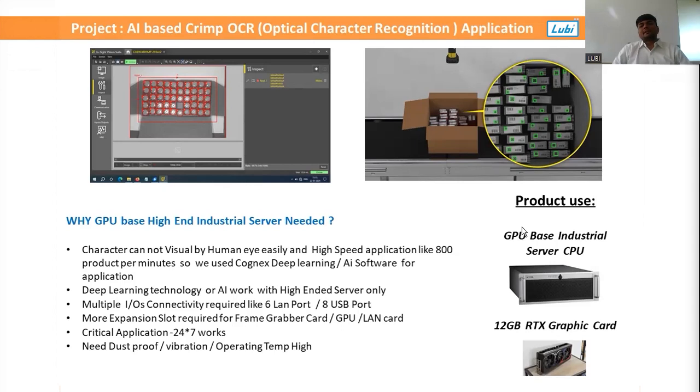We have used a 12 GB RTX graphic card along with our Advantech servers, and Cognex cameras and their software. In these GPU-based servers, multiple IoT connectivity is available like 6 LAN ports, 8 USB ports, up to 128 GB RAM support, 4 TB storage, and it is a dust-proof, vibration-resistant and high-temperature solution.